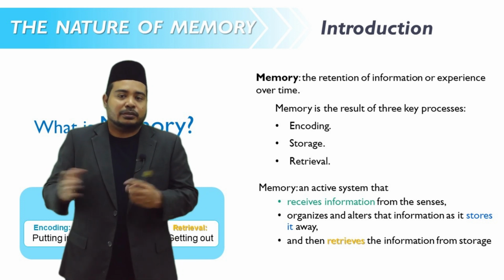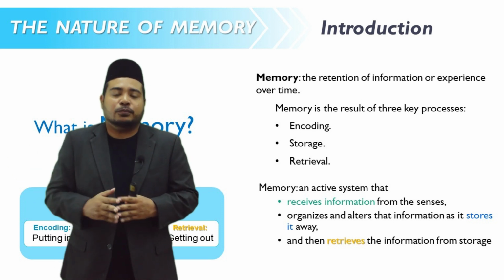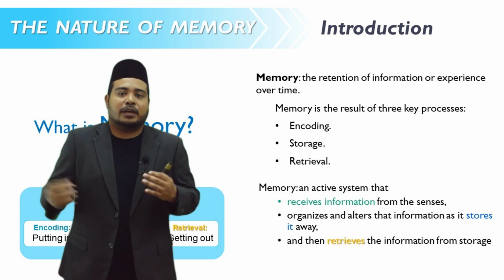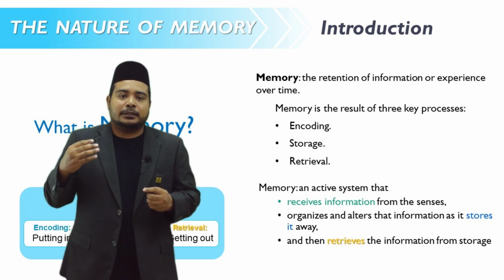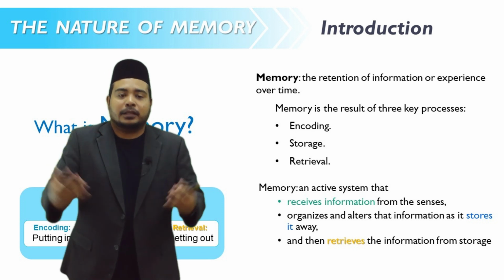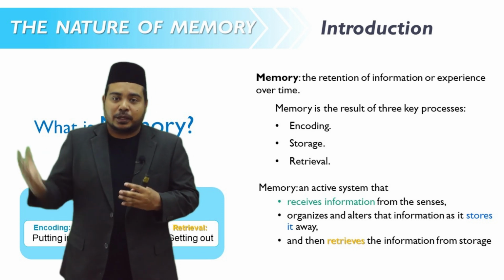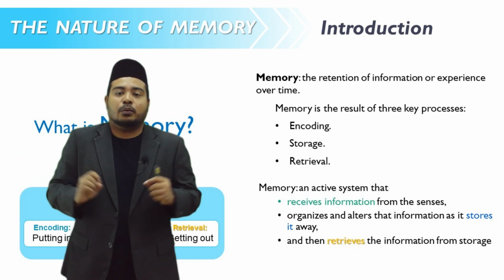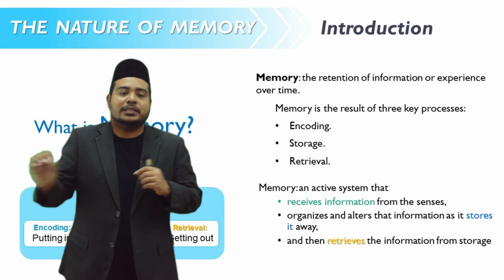So basically, this is what we have learned before about the sensory senses. Okay, we have sensory organs. So when people explain to us about something, when we come into class, when we listen to explanations, all of that information is being received by our sensory organs, okay, sensory receptors.